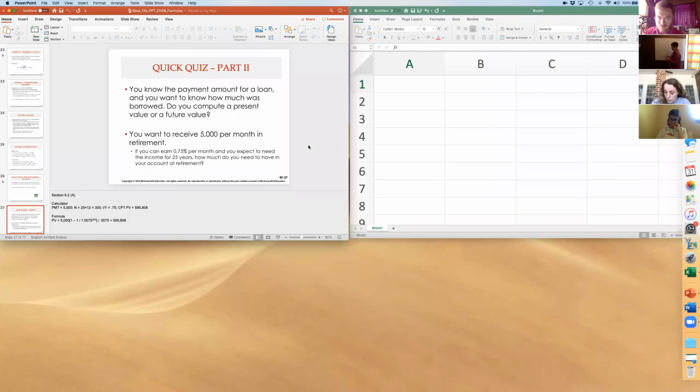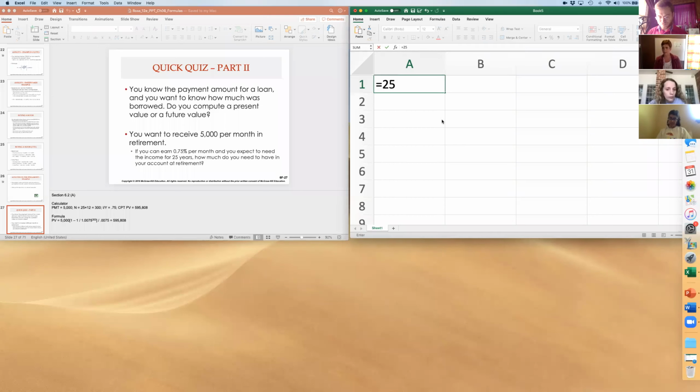This is what you know. You want to receive $5,000 per month in retirement. You think you're going to live 25 years in retirement. So 25 years times 12 months in a year. I'll do that little calculation over here on the side. That's 25 times 12 is 300 months.